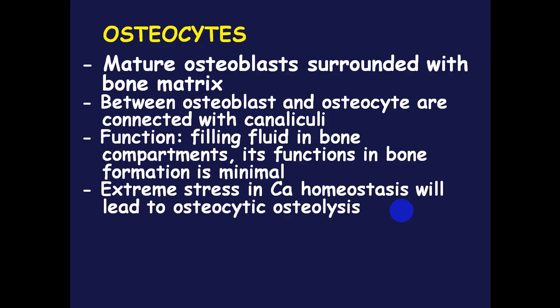And then osteoblasts and osteocytes are connected with small tunnels, which we call canaliculi. The main function of osteocytes is to fill fluid in the bone structures, and also to give nutrition to the bone matrix or osteoid.